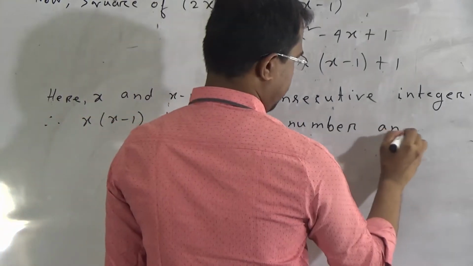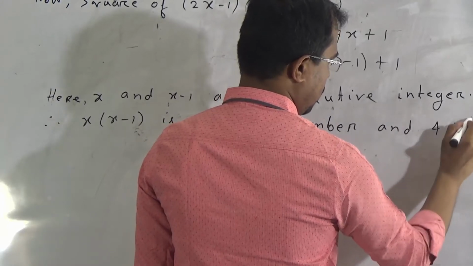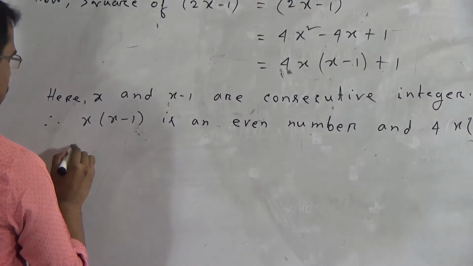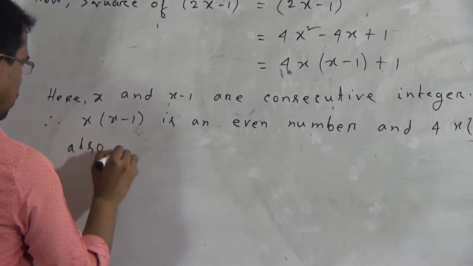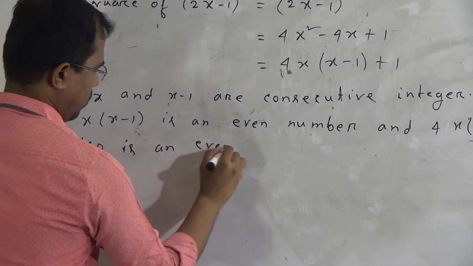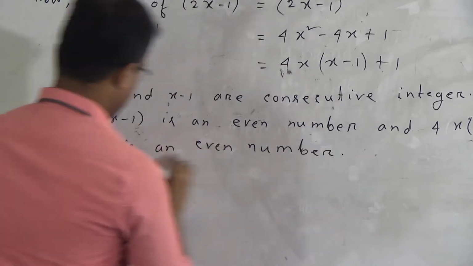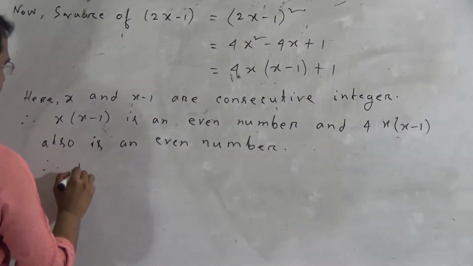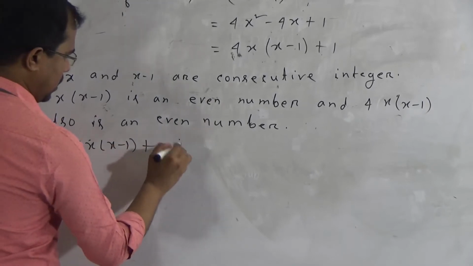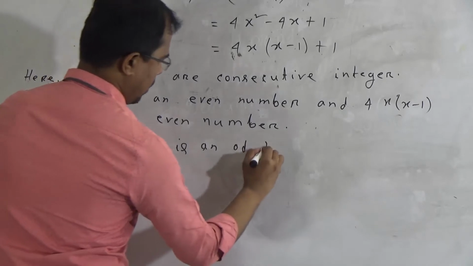And 4x into x minus 1 is also an even number. Therefore 4x into x minus 1 plus 1 is an odd number.